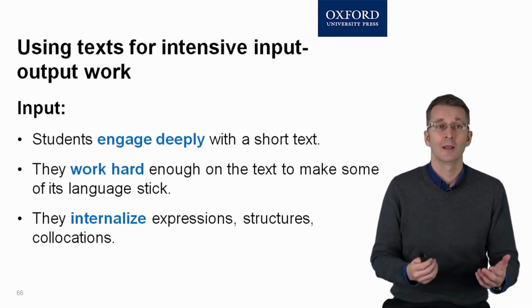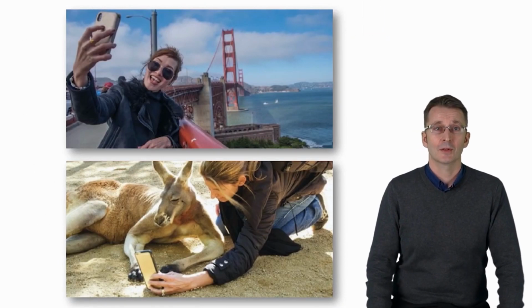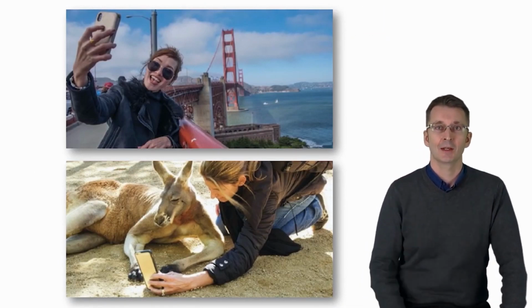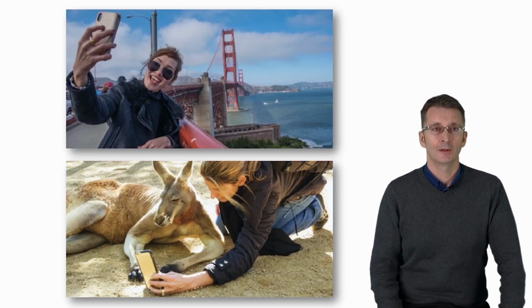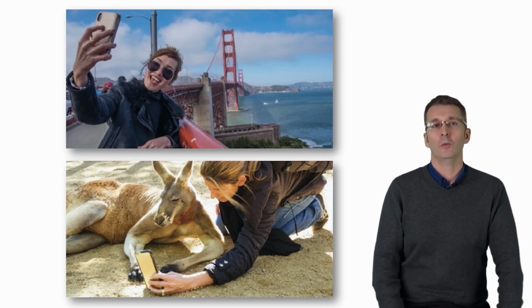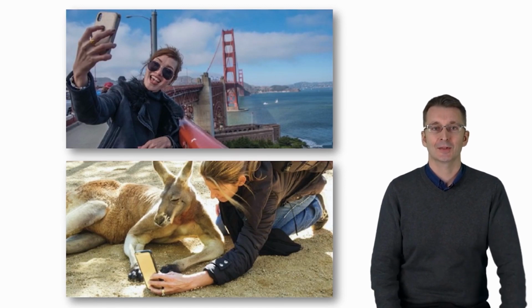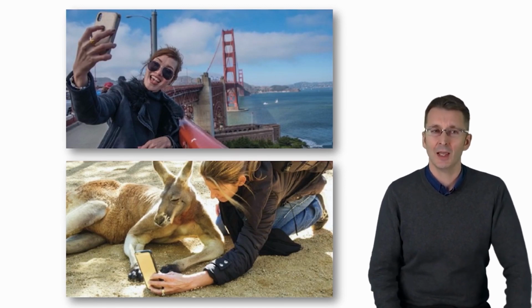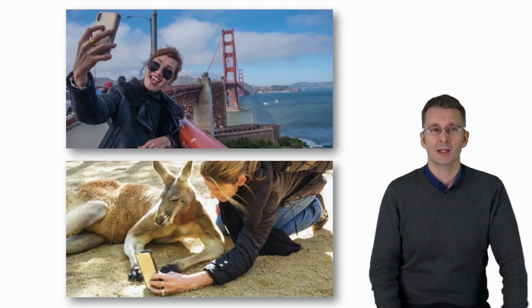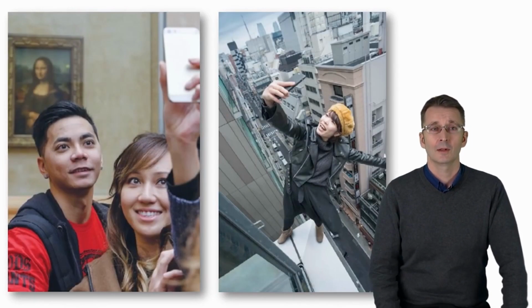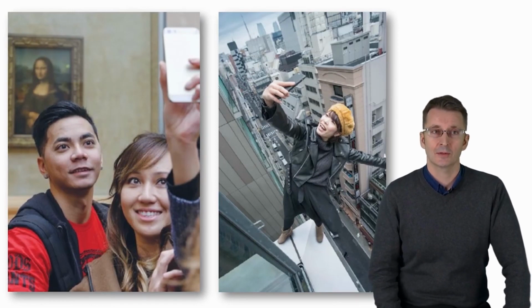I'll do a quick lead-in. Whoa, look at these photos. So we're going to read about this topic. Who are these people? Where are they and what are they doing? What do you think is the topic of this text? Is this okay? Do you think the top photo, is that okay, what she's doing? What about the bottom photo? How about these two photos?